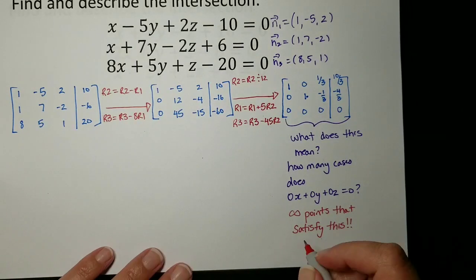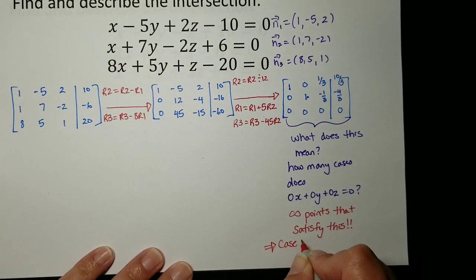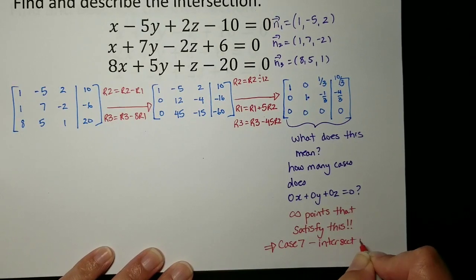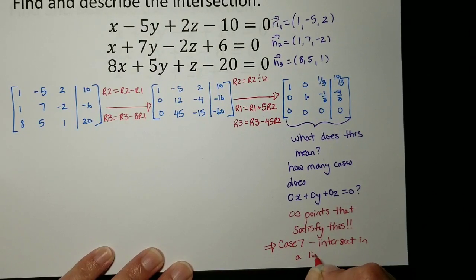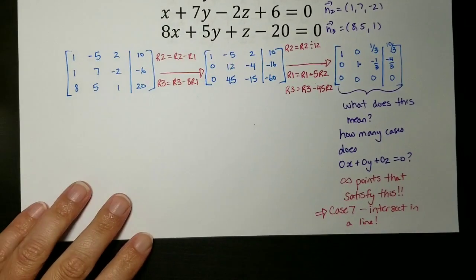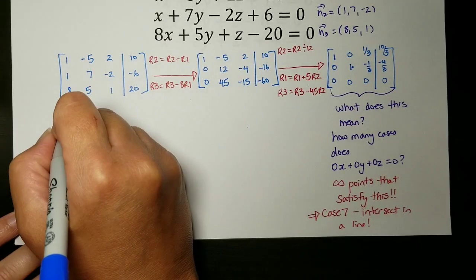So here, this tells us that it's case 7, intersect in a line. Okay, so now we know that we have a line of intersection. We have to figure out what that line of intersection is.